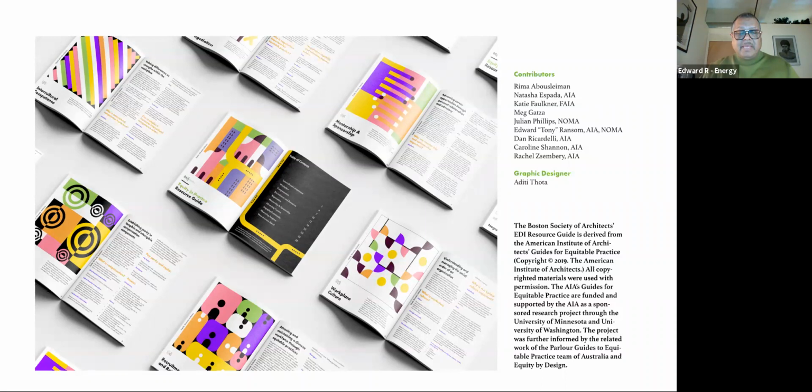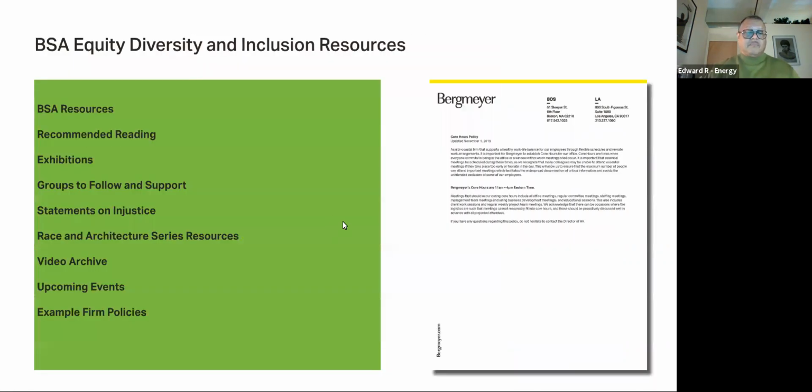It is meant as an entry point to using the AIA's guides, and there are links to the AIA guides as well as many other resources provided by the BSA within the document. Here is the list of the various guides that the BSA has available to us. Also, a number of these can be found on the EDI page on the website.